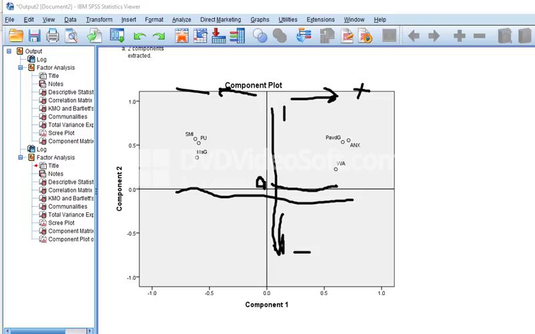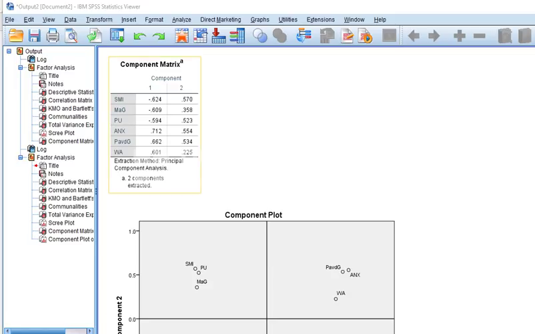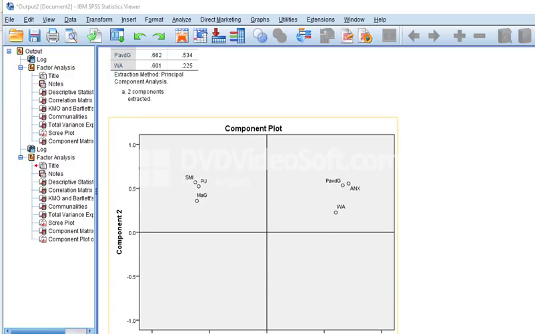When we plot out the coordinates, for SMI we have negative 0.624 and 0.527. So there's SMI right here. On component 1 it's negative 0.624, and then we had the vertical positive correlation here.